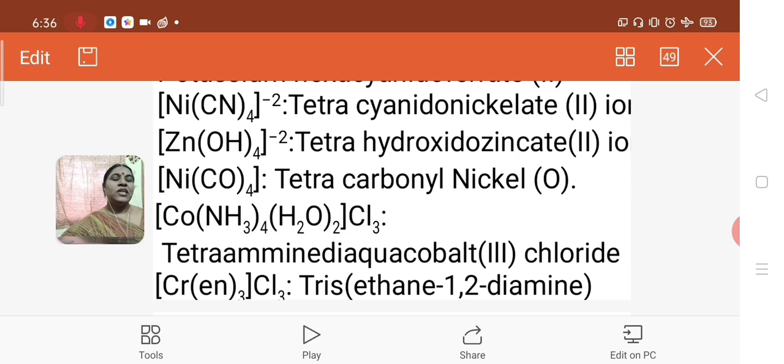and while arranging in alphabetical order, the prefixes indicating the number of ligands present should not be considered. For example, while arranging ammine and aqua in alphabetical order, don't consider tetra and di, because they only indicate the number of each ligand present in this complex.